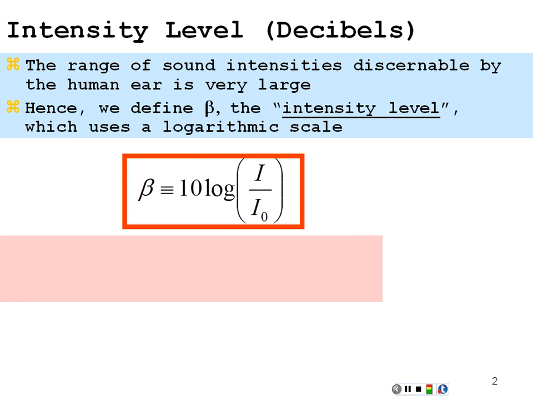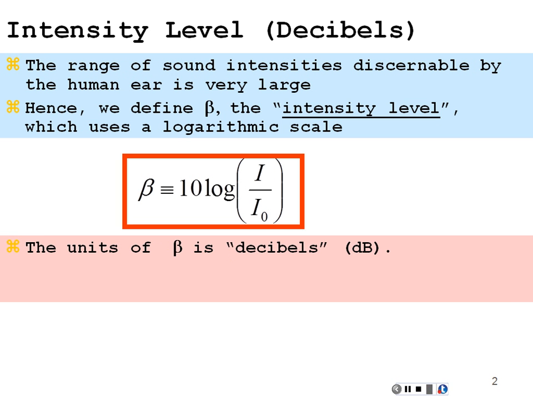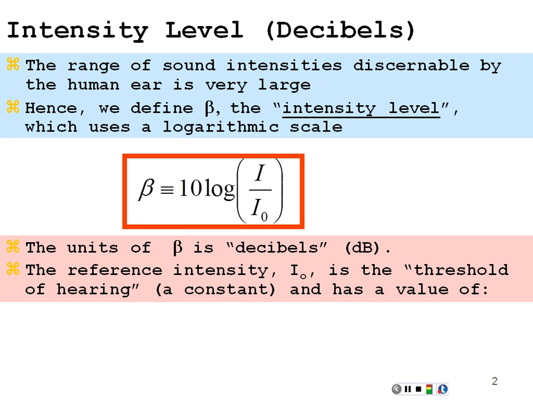In this case, the units of beta are decibels, and our reference intensity I naught is the threshold of hearing, which we introduced before. It has a value of 1 times 10 to the minus 12, or we could just say 10 to the minus 12 watts per meter squared. That is the lowest intensity that a normal human ear can discern, the threshold of hearing, and that is our reference intensity that we use in this formula, 10 to the minus 12 watts per meter squared.